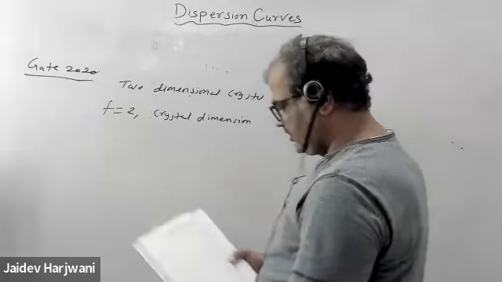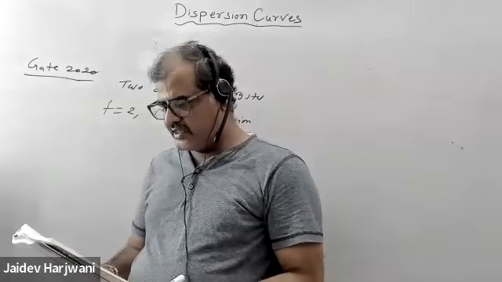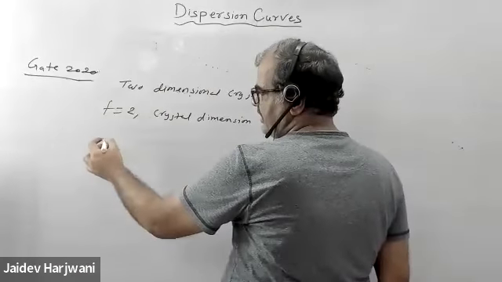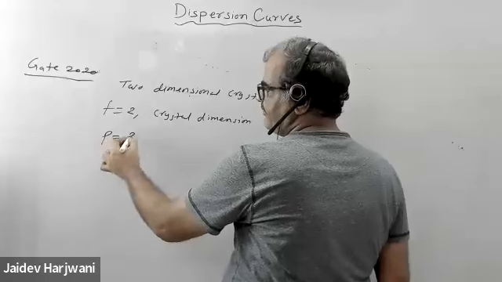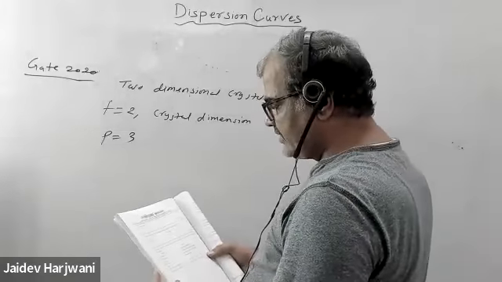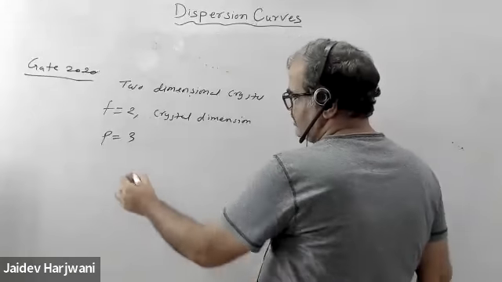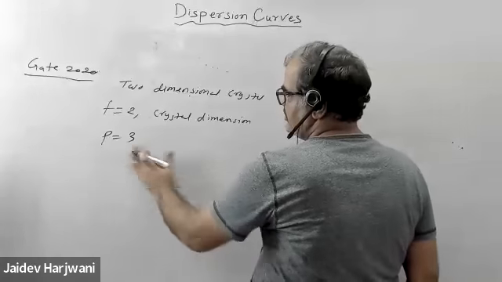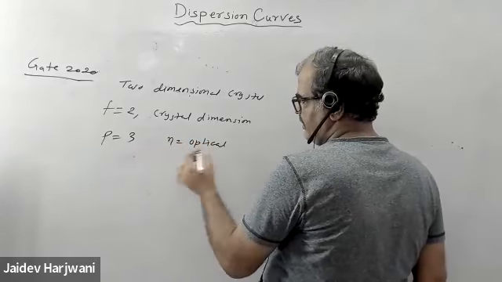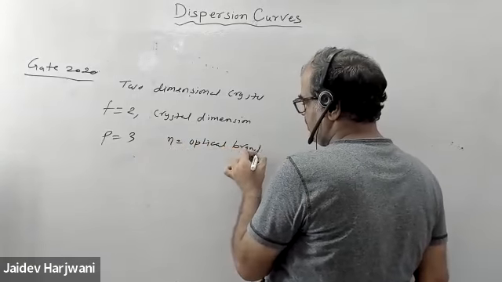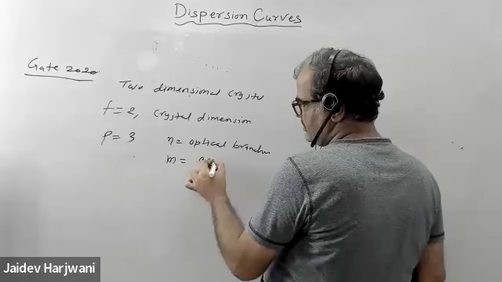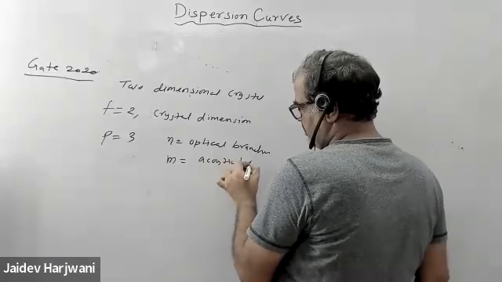Now consider a two-dimensional crystal with 3 atoms in the basis. 3 atoms in the basis means your P is 3. He asks for the number of allowed optical branches and acoustic branches. N is your optical branches and M is your acoustic branches.